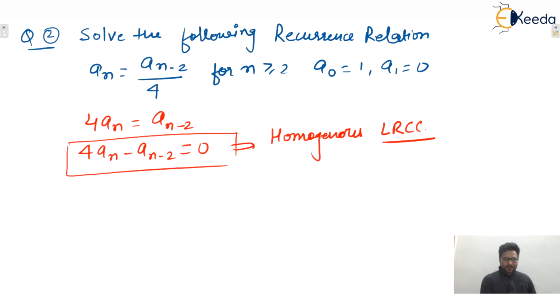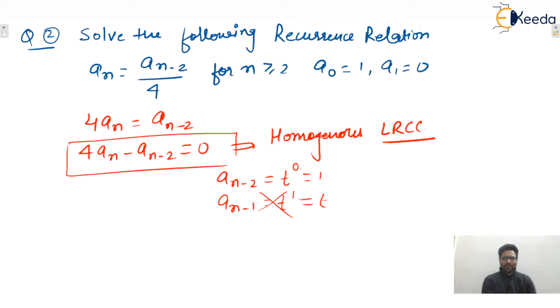But remember, here the lowest subscript is n minus 2, so replace it with t to the power 0, that is 1. The next highest, n minus 1, is not present. If it were present, we would have replaced it by t raised to power 1. But here a_{n-1} is not there, so no problem at all.